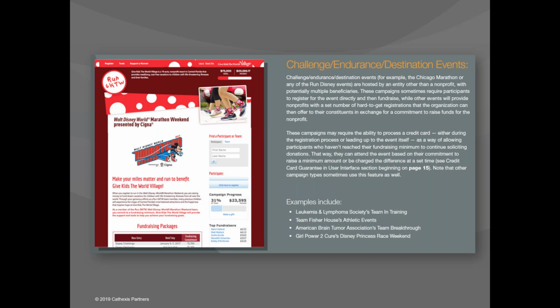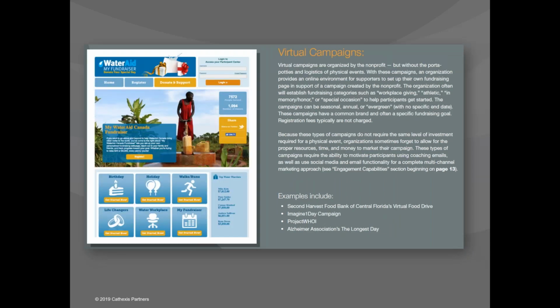It might be something that you coordinate, but it also might be like the Chicago Marathon or one of the Disney marathons, quite popular with organizations. And something unique about these types of campaigns is normally there's a fundraising minimum that participants have to adhere to be able to participate.